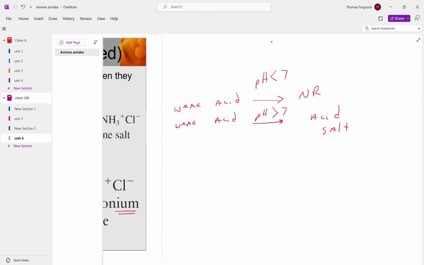So in a basic or alkaline environment, a weak acid, you'll end up with the acid salt.